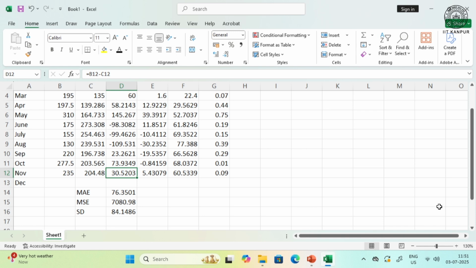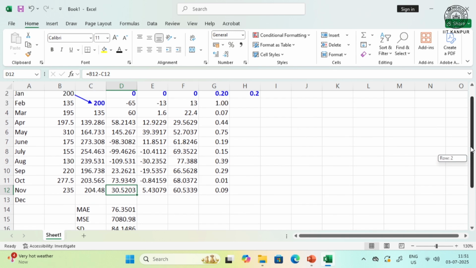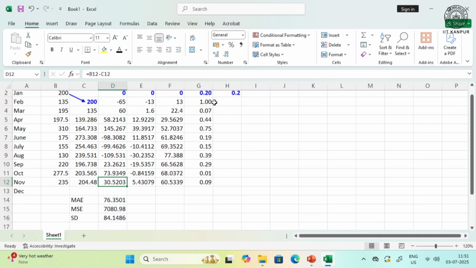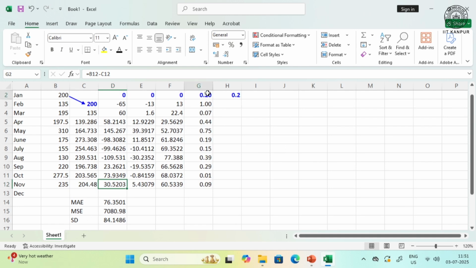Now, the interesting part. See, if I zoom out a little bit, and if I change these alpha values, say for example, if I make it 0.5, you immediately see the cell values in D14, D15 and D16 will change. Wait, 1 minute.